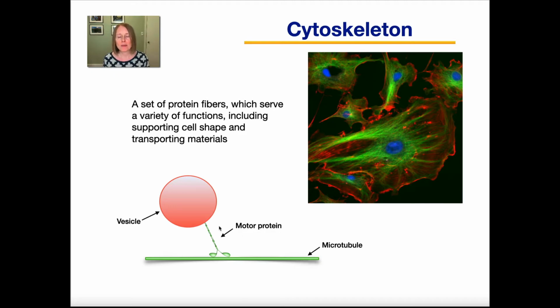So before, I had mentioned that vesicles have the job of transporting proteins and lipids throughout the cell. So they move from the ER to the Golgi and from the Golgi to other destinations. But how do they move? Well, there's this really cool protein called a motor protein. So the vesicle is shown here attached to the motor protein, and then the motor protein literally walks along the microtubule carrying the vesicle.